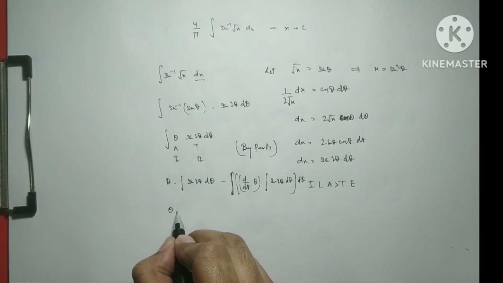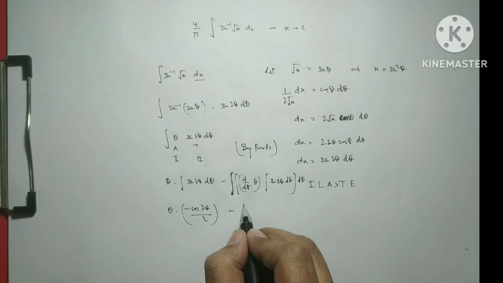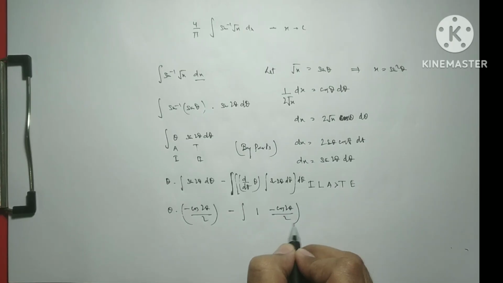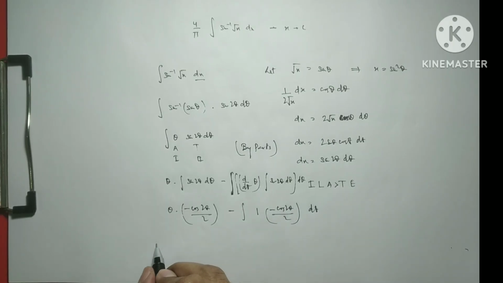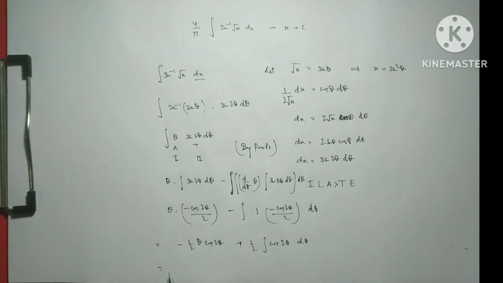So it is theta, and this is minus cos 2 theta by 2, and there is 1, and this is minus cos 2 theta d theta, and this one will be converted into half theta cos 2 theta, and this minus becomes positive, and this is 1 by 2 cos 2 theta, and we get a final result in terms of theta.